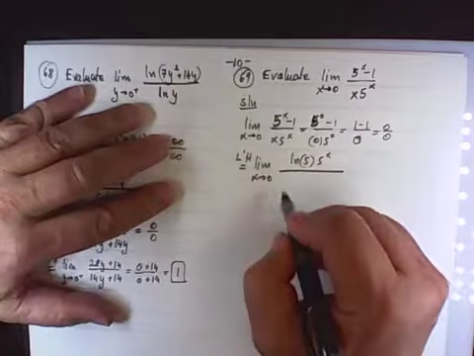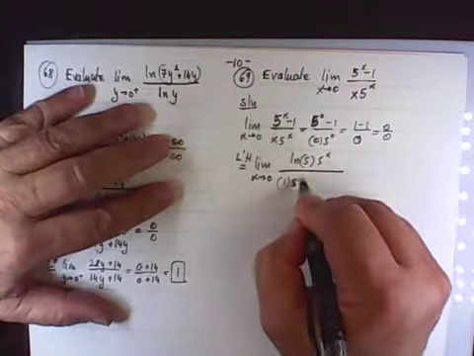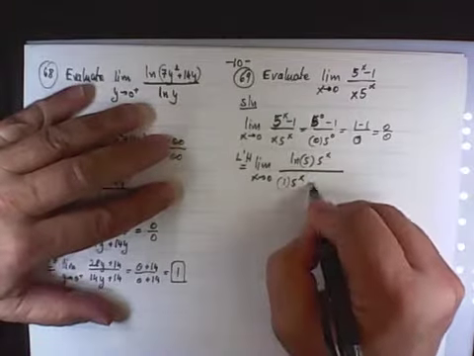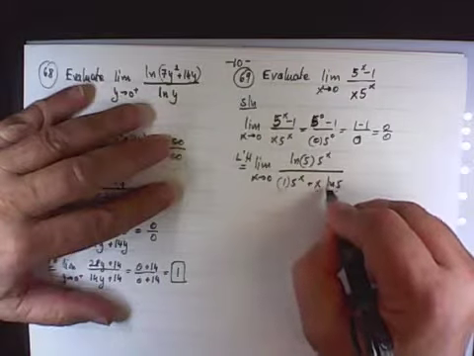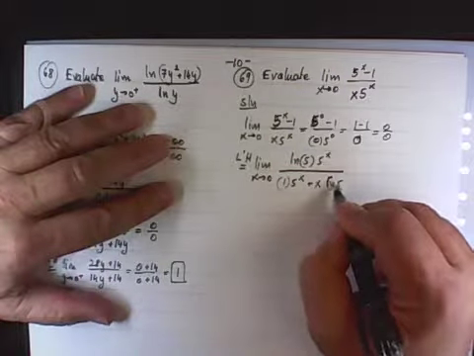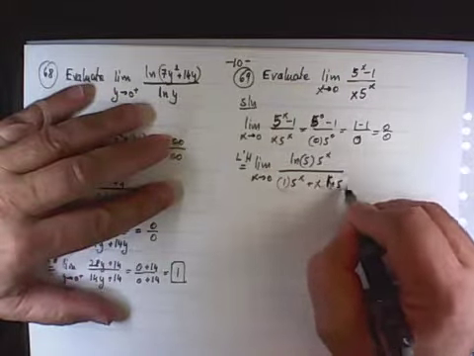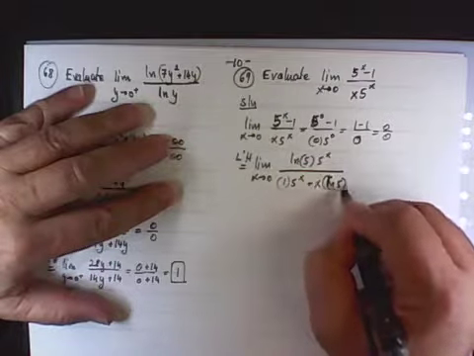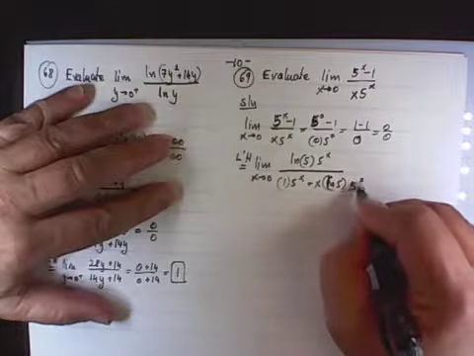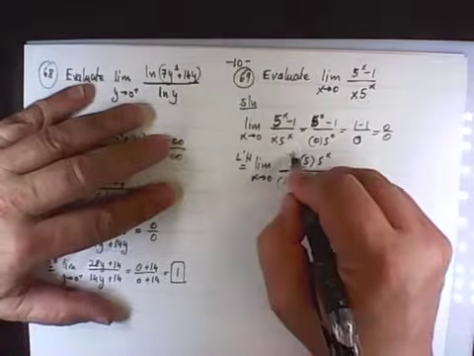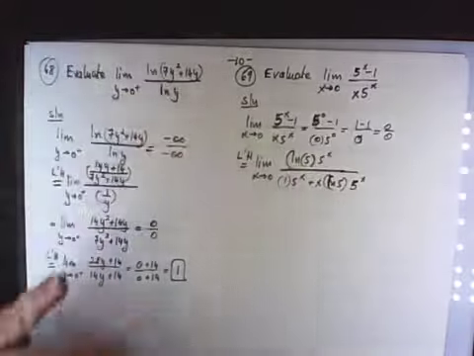The derivative of x is 1 times 5 to the x plus x times the derivative of 5 to the x, which is natural log of 5, times a 5 to the x.